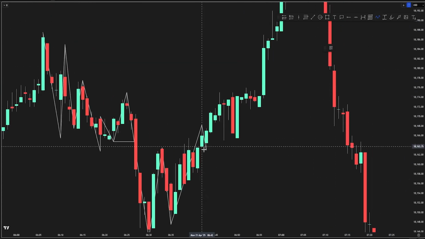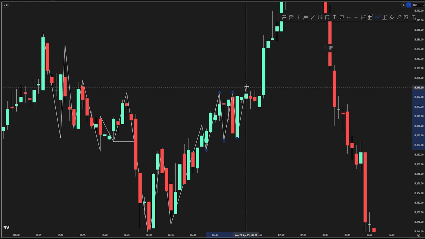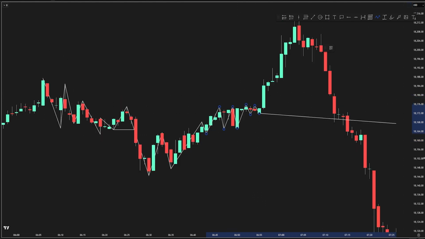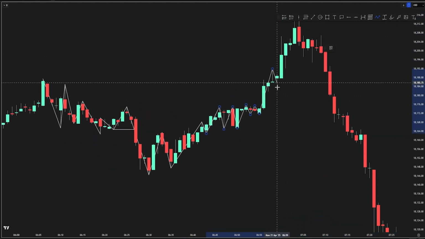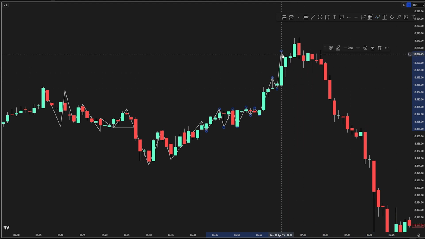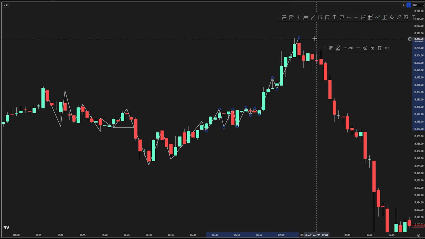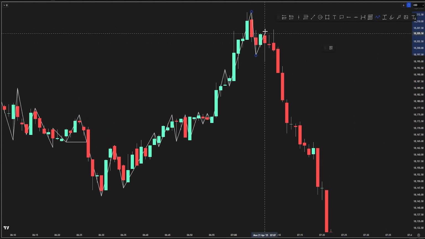So low, high, low, high, low, high, low, high, low, high, low. High, is that lower then? So high, low, high. But can I attach it to a low here? No. So we drag it up to the peak, and then that attaches to the low, and then that attaches.